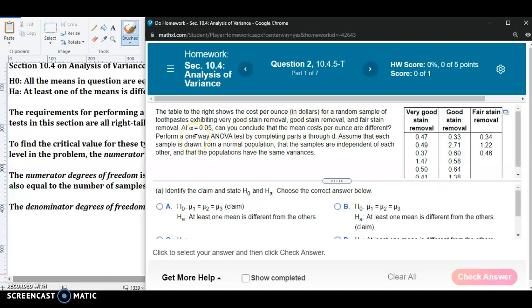At a level of significance equal to 0.05, can you conclude that the mean cost per ounce are different? Perform a one-way analysis of variance test by completing parts A through D, and assume that each sample is drawn from a normal population. The samples are independent of each other, and the populations have the same variances.